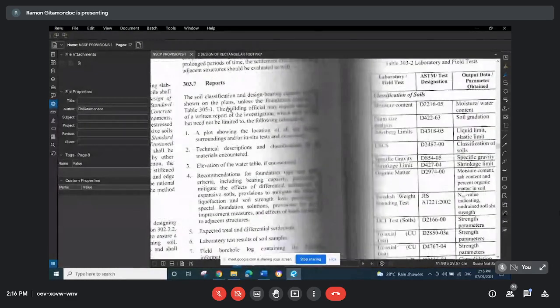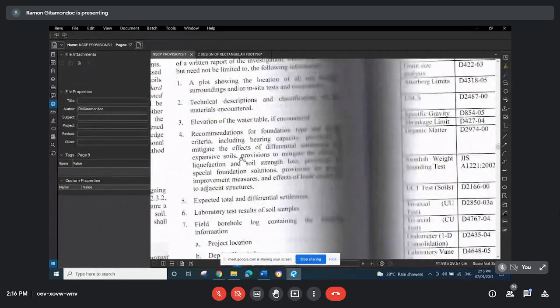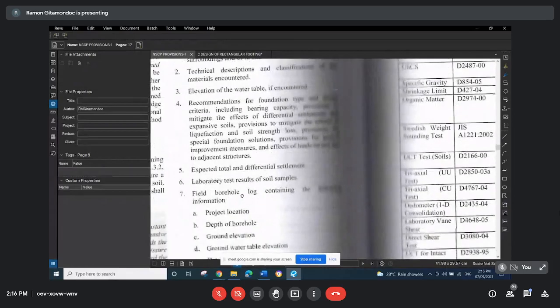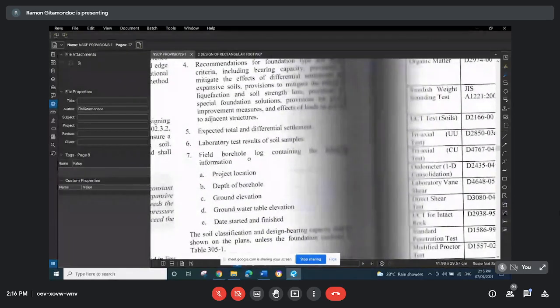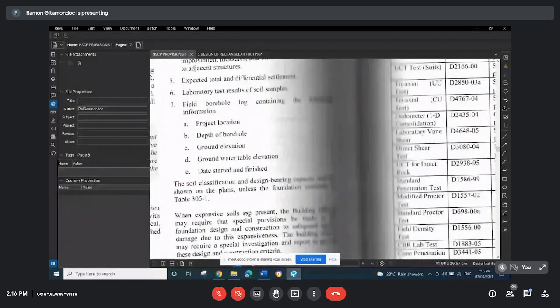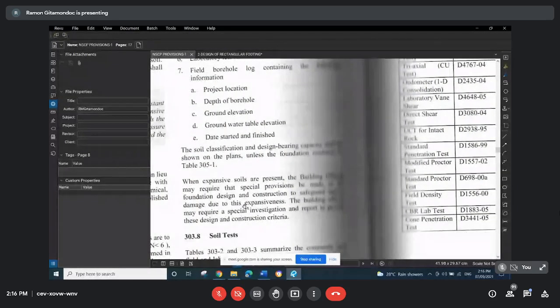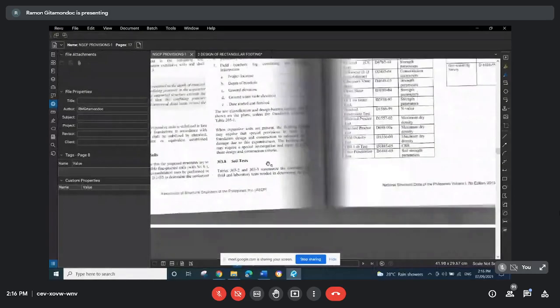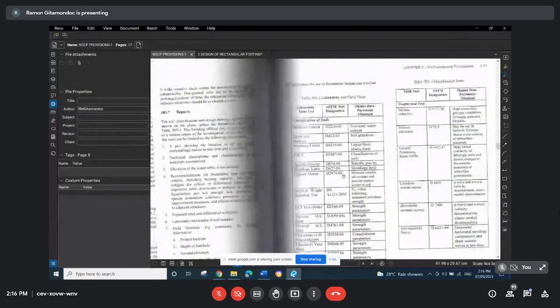Now, the geotechnical report would include the following information, no? So try to check. When you read the geotechnical report from the engineer, you have to verify whether the information contained therein is complete, no? Here is the list of minimum information required.